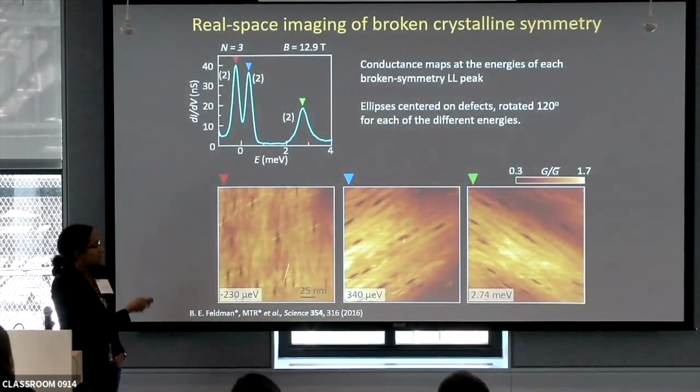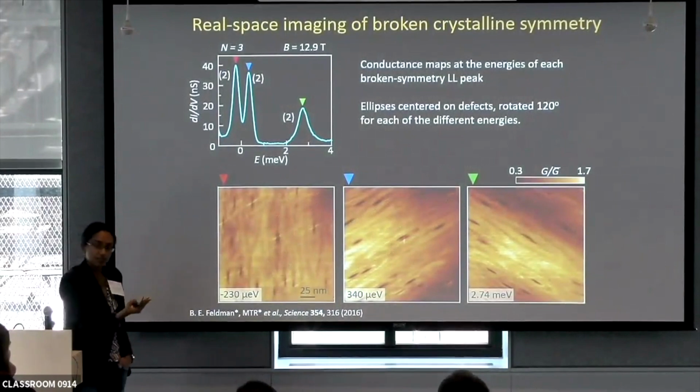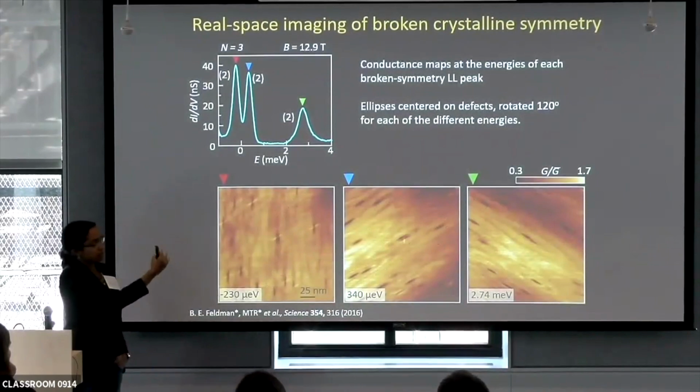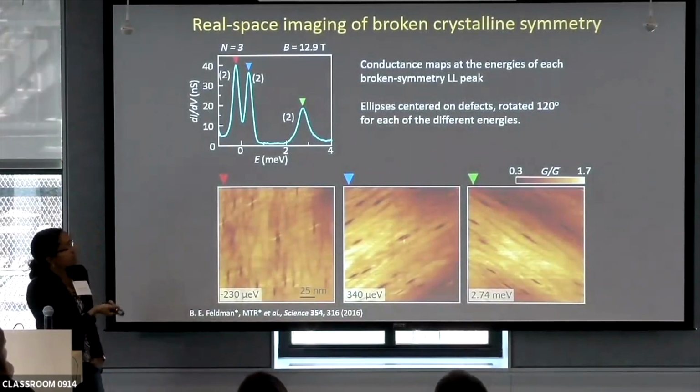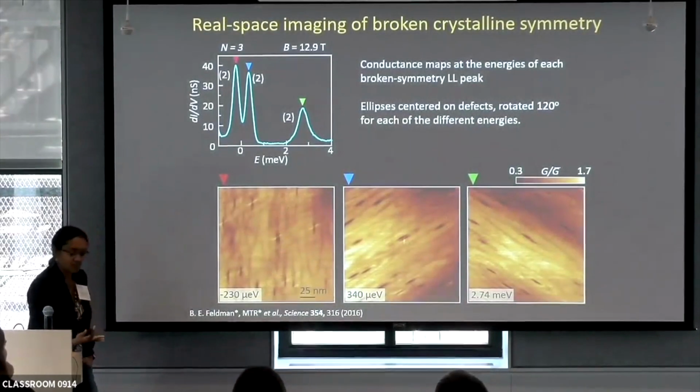But the idea is essentially you can see the ellipses break the 3-fold rotational symmetry of your underlying system. We have these, at the different energies, the electronic behavior has some different orientation to it. So this is this manifestation of nematicity that I was talking about.